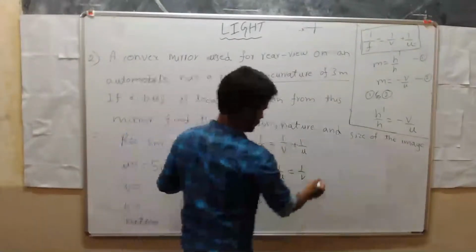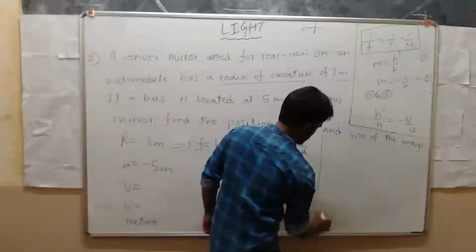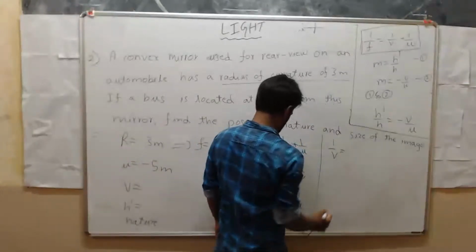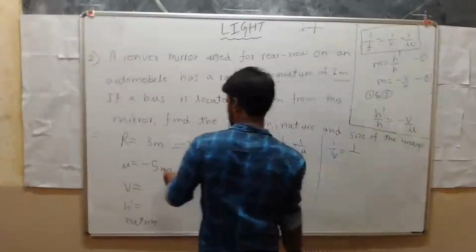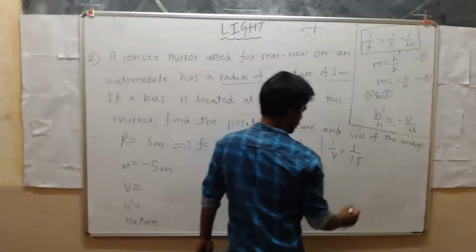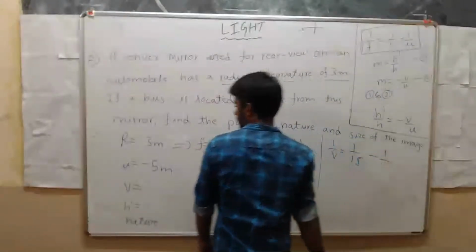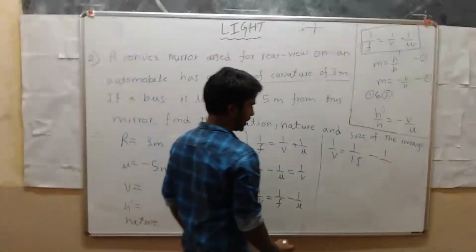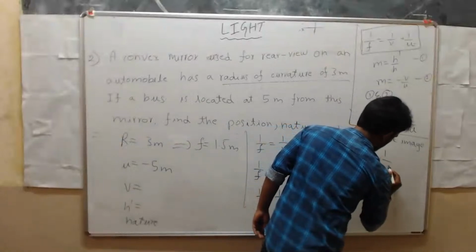Now substitute the values. 1 by v is equal to 1 by 1.5, the focal length, minus 1 by u. What is the value of u? That is minus 5.